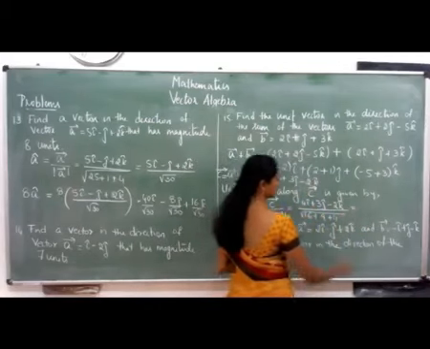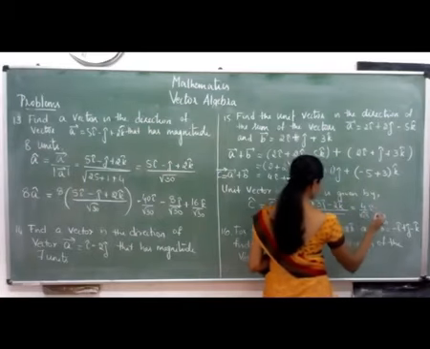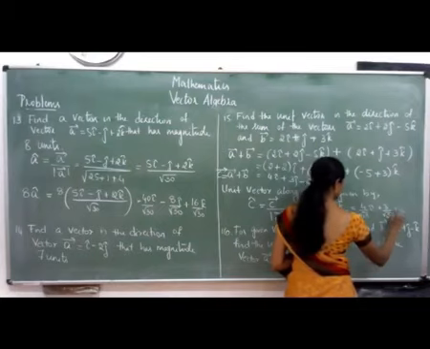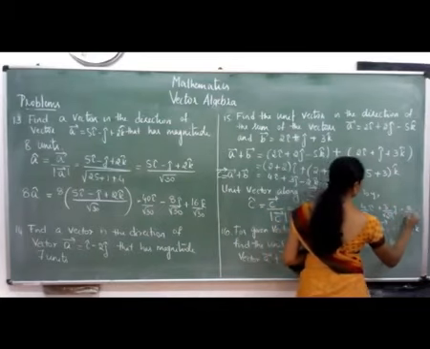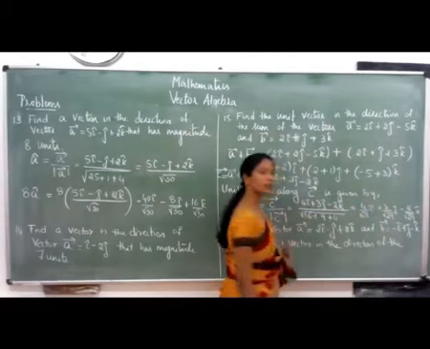Therefore, this can be written as 4 divided by root 29 i cap plus 3 divided by root 29 j cap minus 2 divided by root 29 k cap.